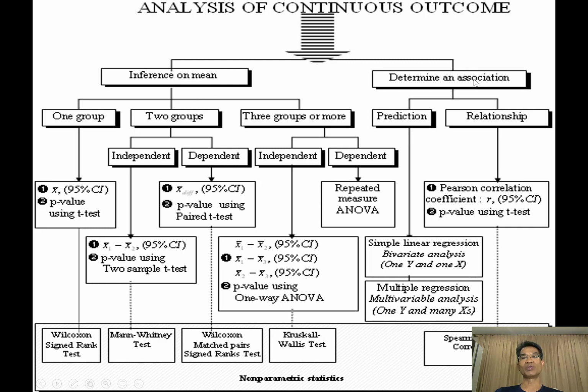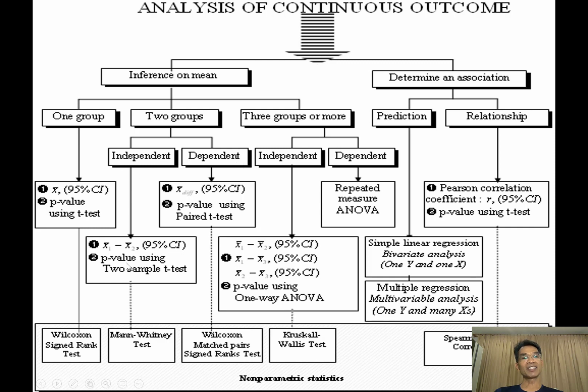That is the goal. If inference on the mean, how many groups? If one group, we have methods. If two groups, the third question arises: are they independent groups or dependent groups?